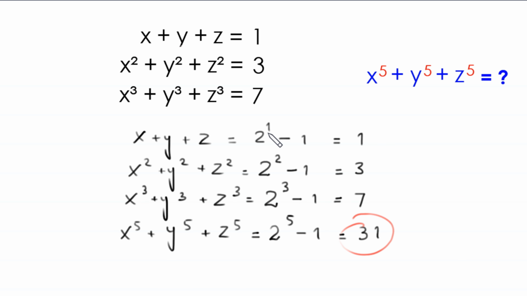We can solve this problem by using algebraic identities, but in this video we solve it using Newton's sums formulas.